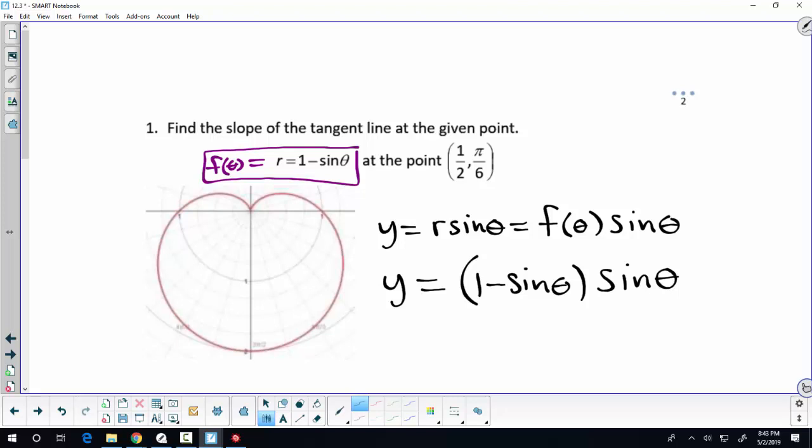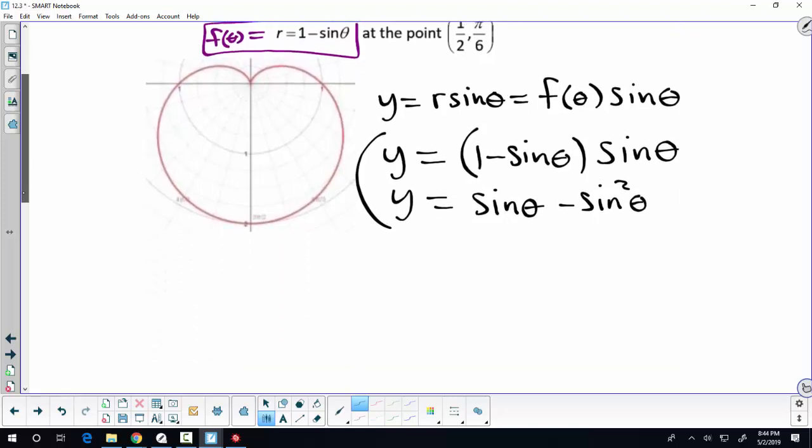But now we have y as a product. Take the derivative of y with respect to theta with the product rule. Or we could just say y is the sine of theta minus sine squared of theta. And then we can just use derivative of sine squared. However you want to look at y. Either or. And then we parameterize x the same way.